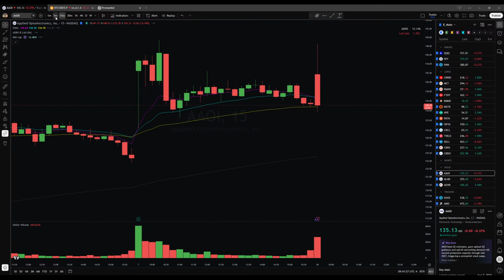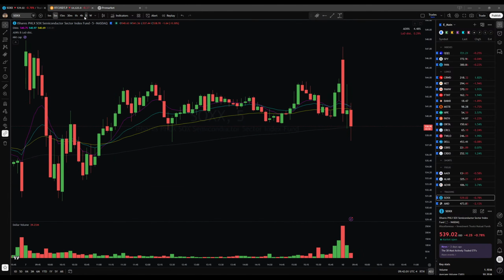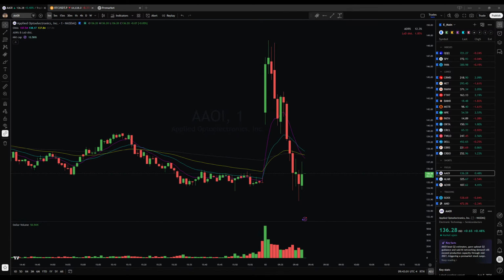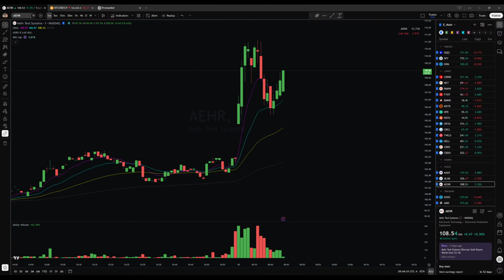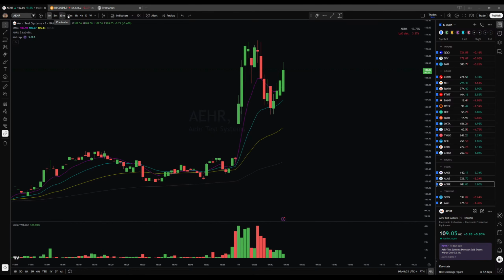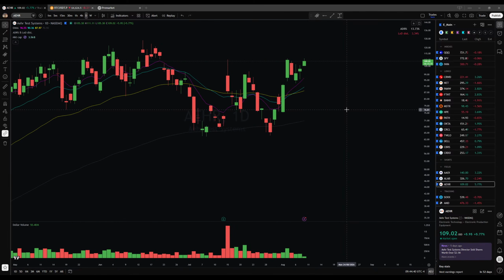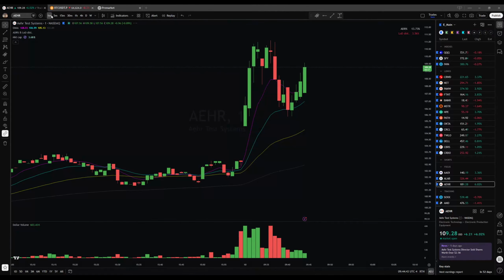I just got stopped out on AOI, but I am looking for the re-entry. This AEHR thing is too illiquid. I don't think I can get a decent size on this one with a tight stop for both my entry and exits.